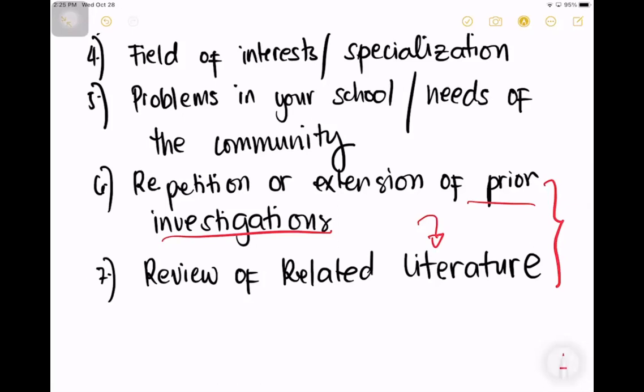Now let's go back to the number six source of research topic. As I mentioned, repetition or extension of investigation can be an easy source of topic. Why is it so? Remember that research is cyclical. It means when you complete a certain research study, it does not end there.